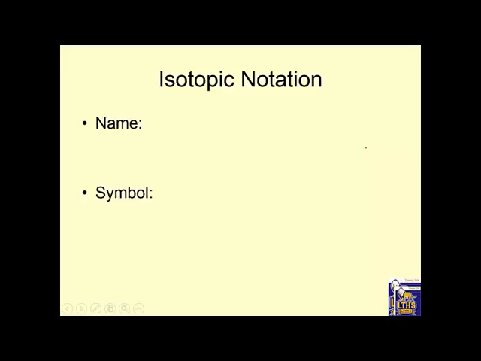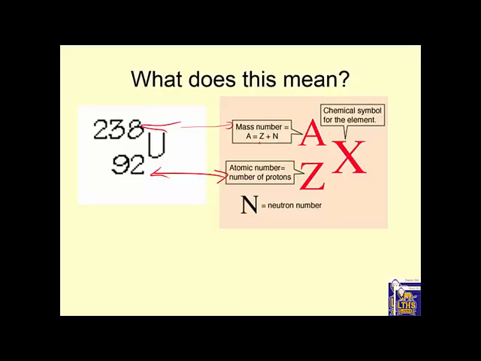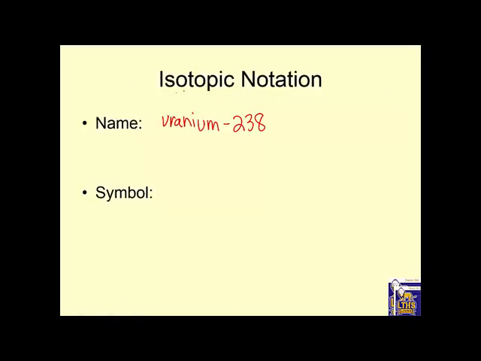Okay. So isotopic notation. If you want the name of an isotope, I'll use the one on the other slide, uranium 238. You might be saying, what? So if you look here, this is uranium, and then the 238 tells you the name of the isotope. Okay. The symbol for that isotope is U for uranium, 238, and then the dash is the mass number, and then 92 is the atomic number from the periodic table.